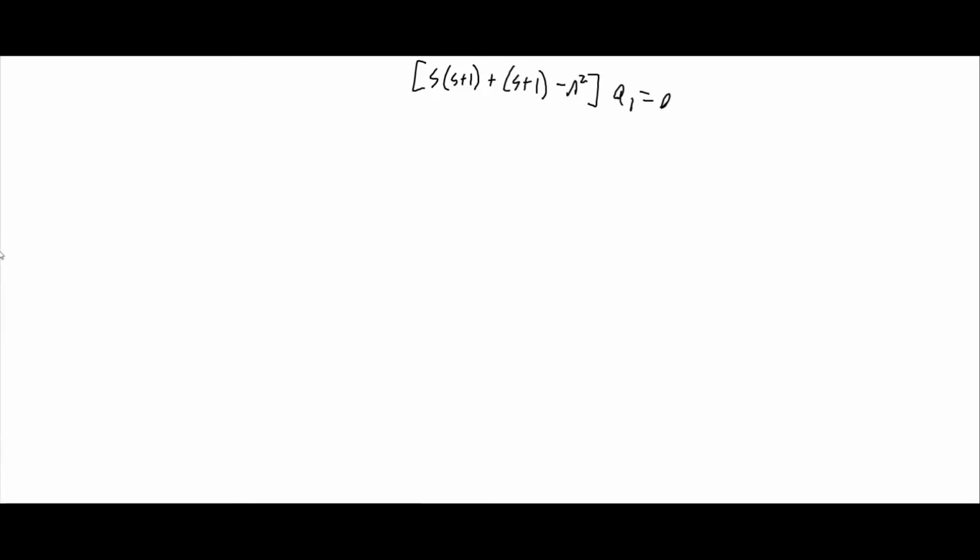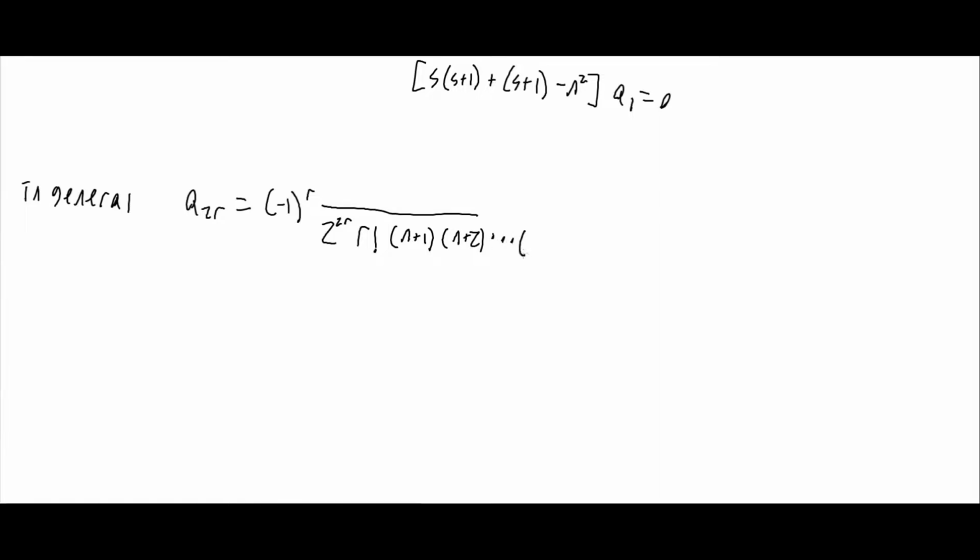So in general, we can get our a sub 2r as minus 1 to the r times 2 to the 2r times r factorial times n plus 1 times n plus 2, going on and on until we get to n plus r.